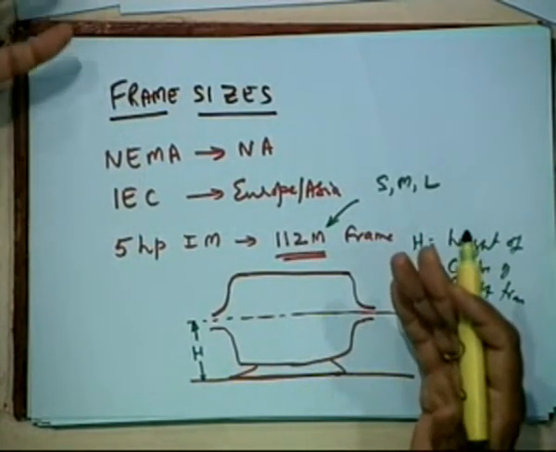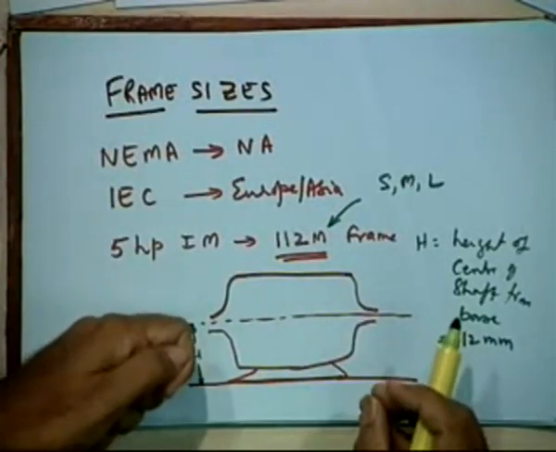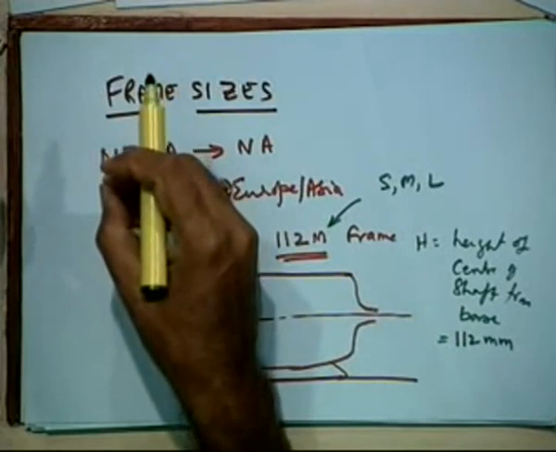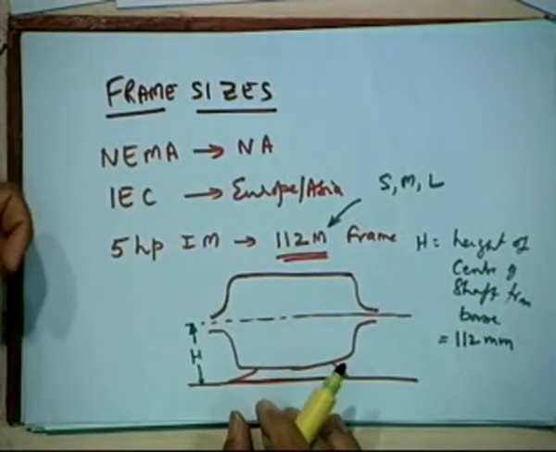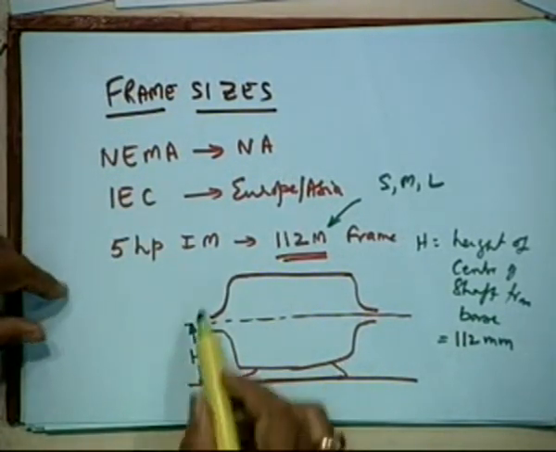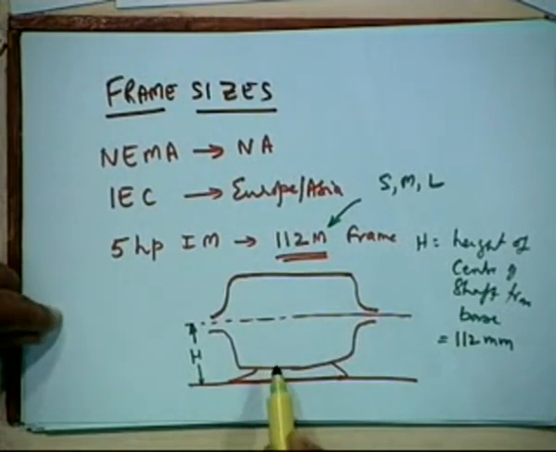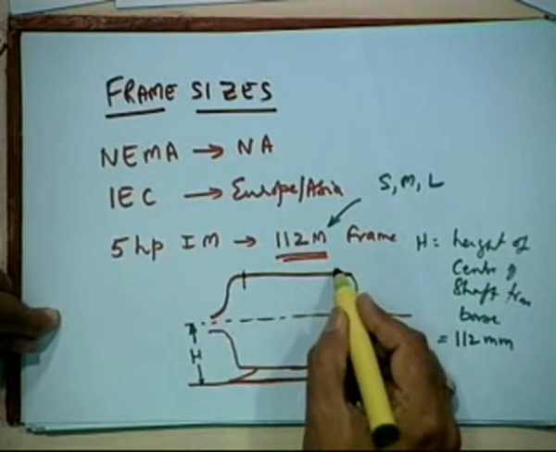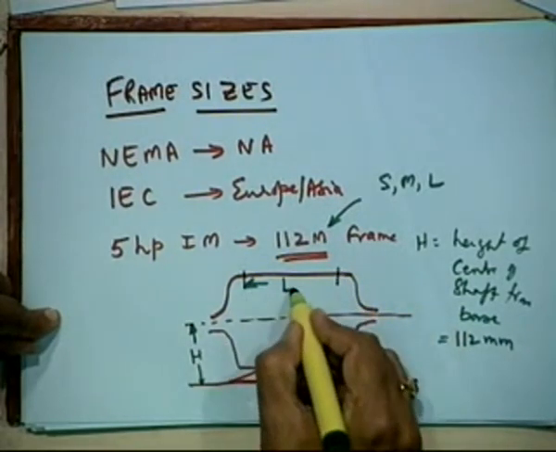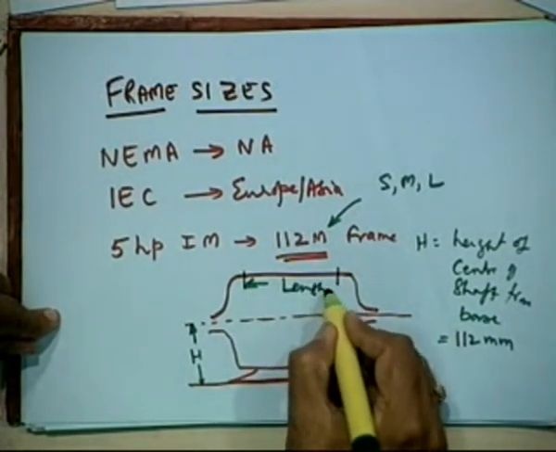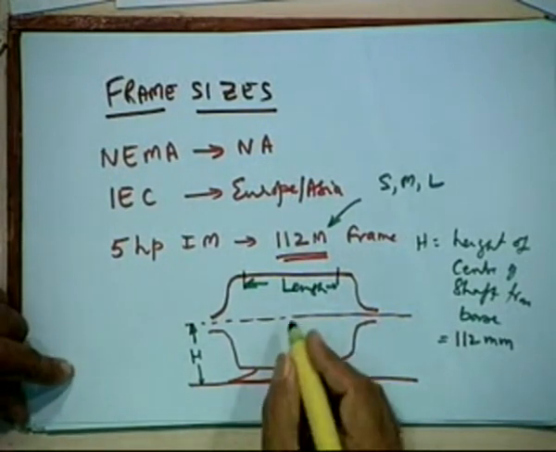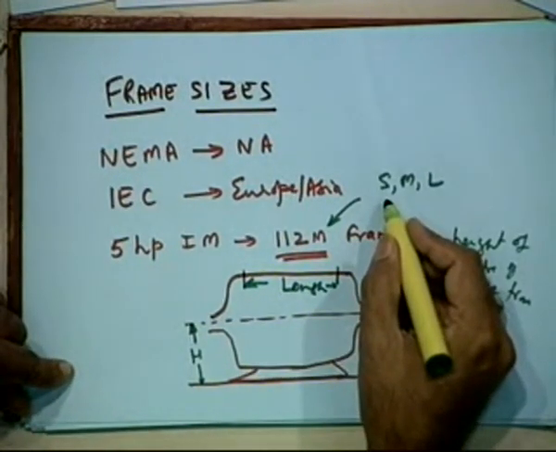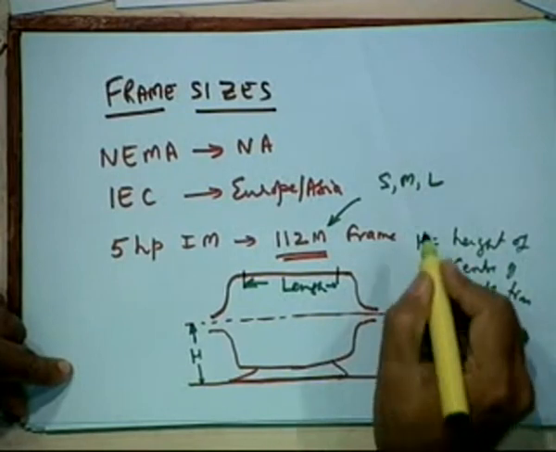Okay, but this is practical. As a customer, you might say, I want... because this frame size is important as you may want to fit it in some place where there must be enough space available for the motor to occupy. Now M is called medium length. So in length there are small frame machines, medium frame and long frame.